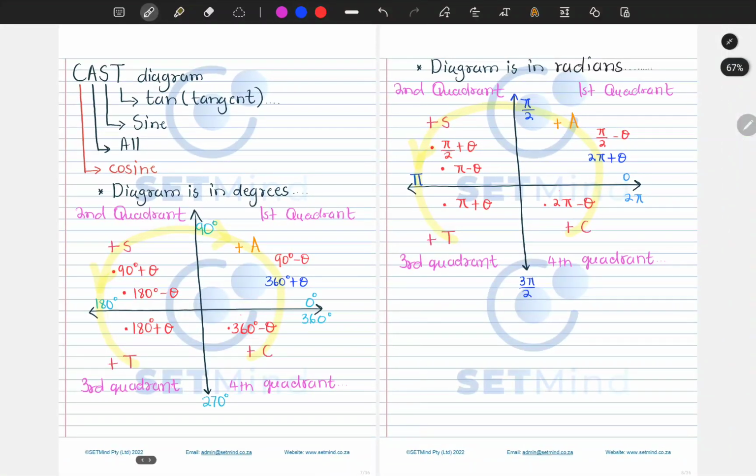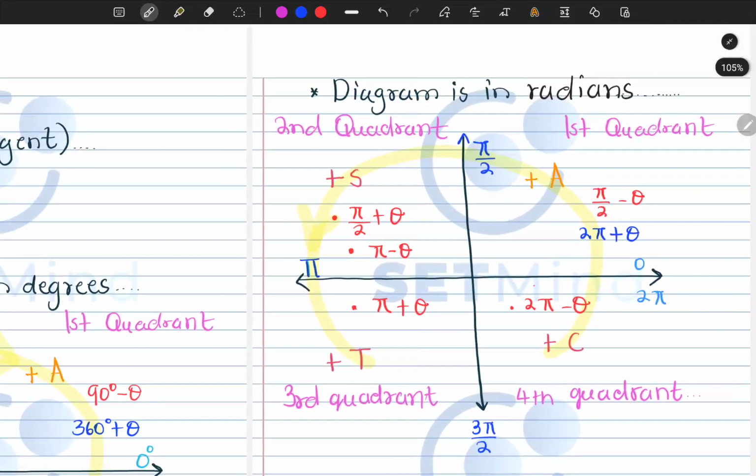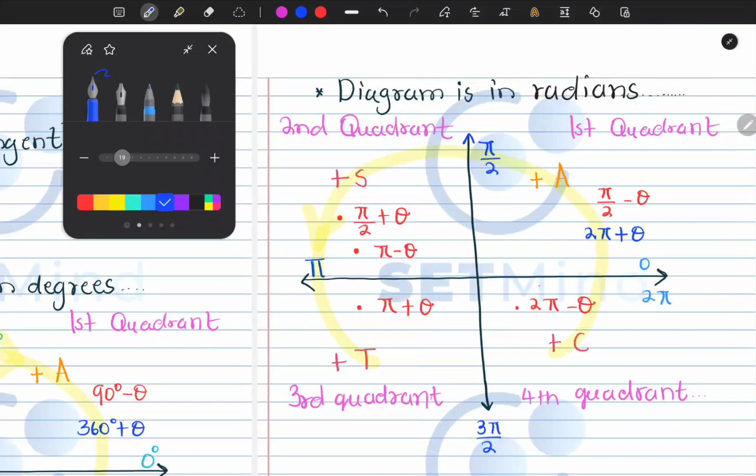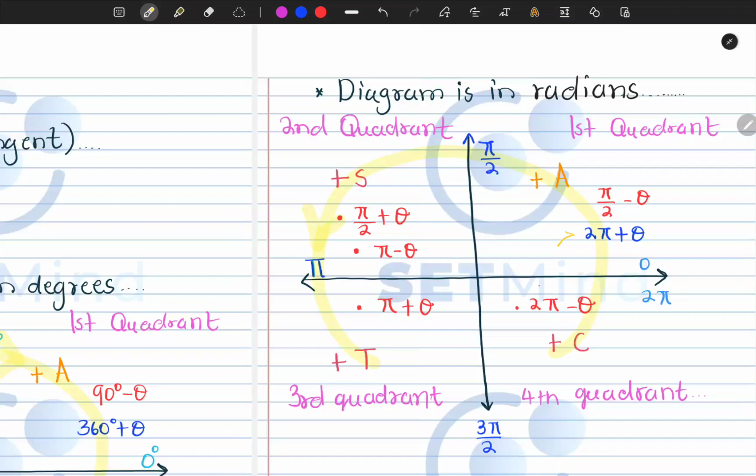Okay, this is very important for you to make sure that you do understand, because we build up on it. Something which is worthy of noting before we depart here is that this 2 pi plus theta here is a full revolution.